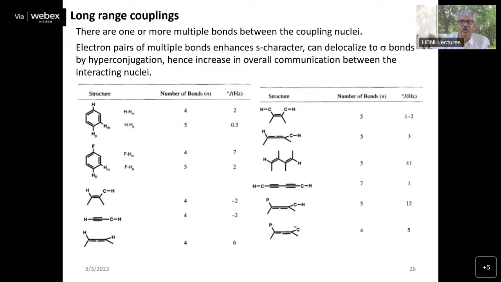These I've already told you, and you see the number of bonds, even up to 7 bonds you can see coupling in the case of C, because of the conjugated pi systems. So you can see coupling constants even beyond that. These are very special cases that I have already explained to you.